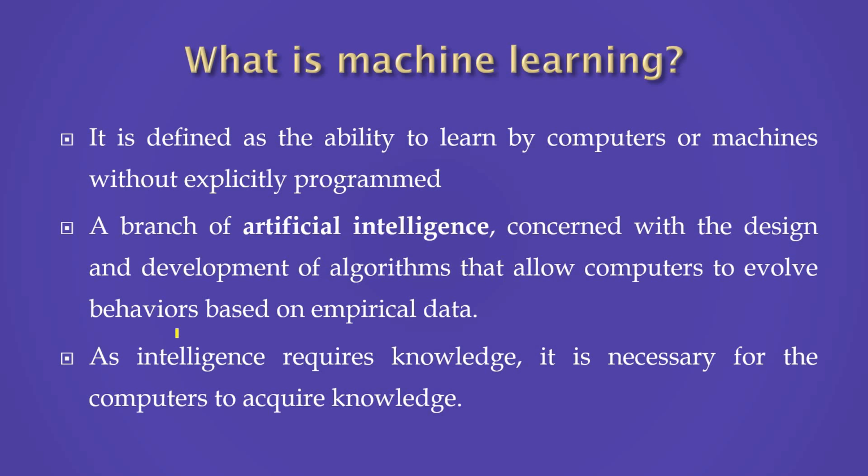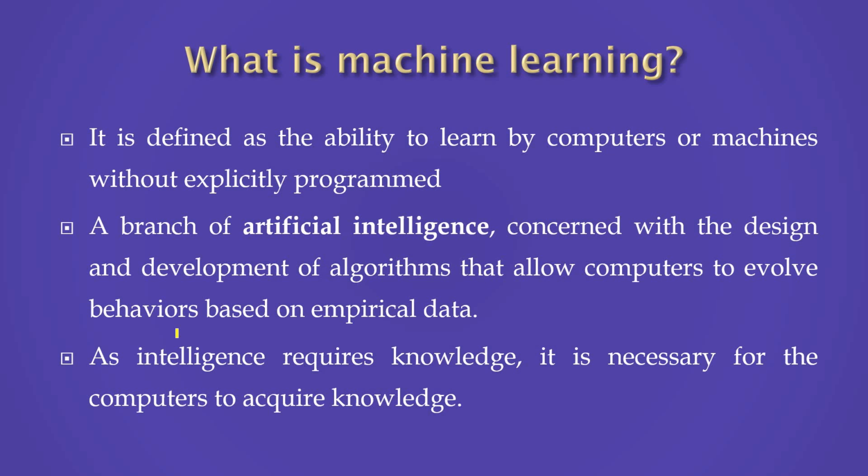It is a branch of artificial intelligence which develops multiple algorithms, and these algorithms tell us the behaviors of computers, how they work on different kinds of data, how computers implement their own algorithms on different kinds of data, because each algorithm behaves differently on different kinds of data. So this is machine learning.